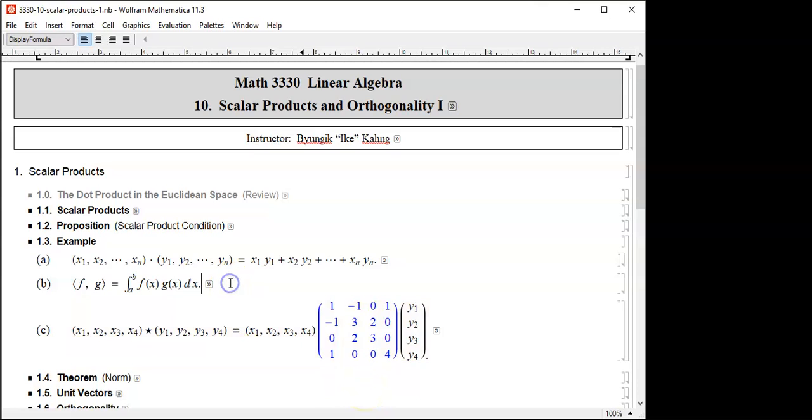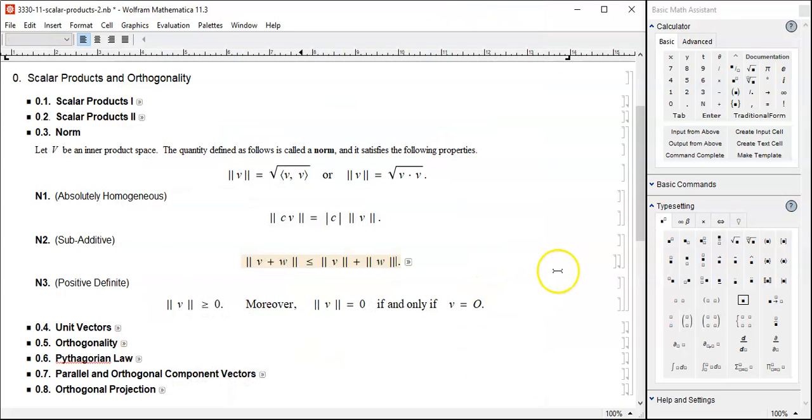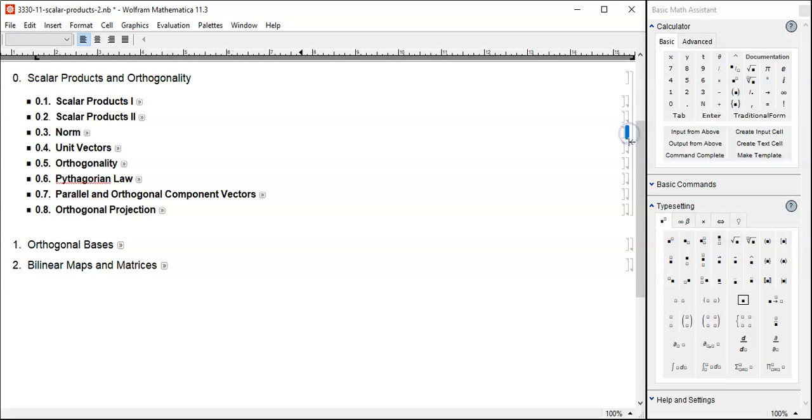But what if we do something like this? Now we are completely out of any kind of geometry. What is the angle between these two functions f and g? It doesn't make any kind of sense at all. Yet you can still conclude the subadditivity and all those kinds of things. That's because of the Cauchy-Schwarz inequality.